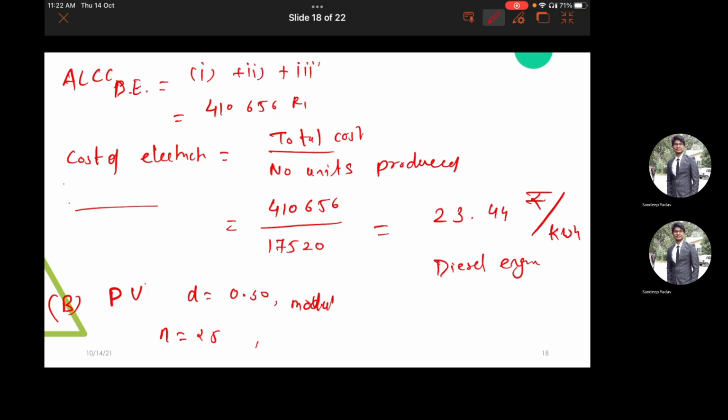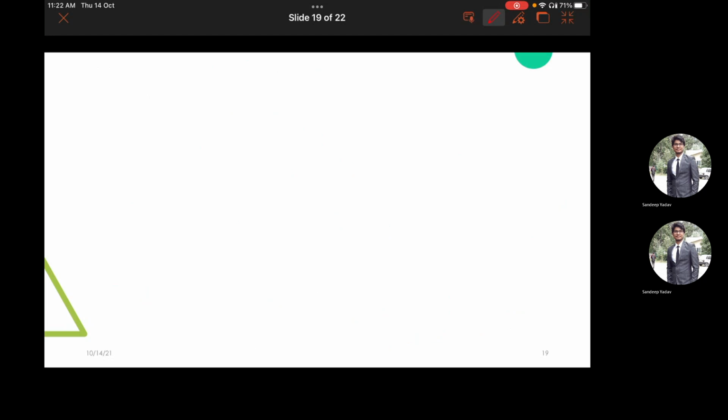If we see for the batteries, discount rate is 30% and life is 5 years. And for the balance system, discount rate is 30% and life is 10 years. So we have to calculate here 3 CRFs with different discount rates and life cycles.